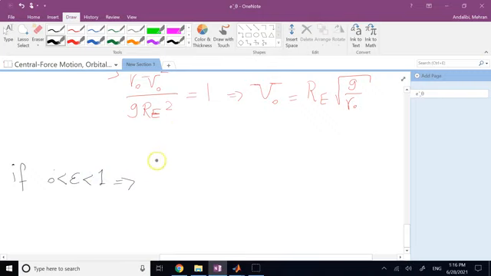What does that mean? Well, let's go back and look at your equation. This one was 1 plus epsilon divided by 1 plus epsilon cosine theta.